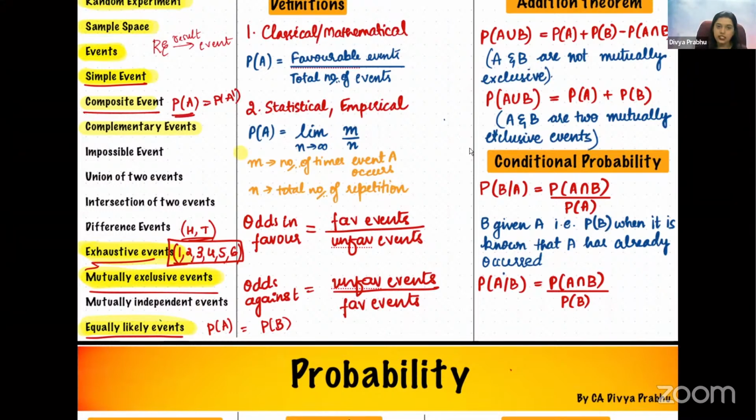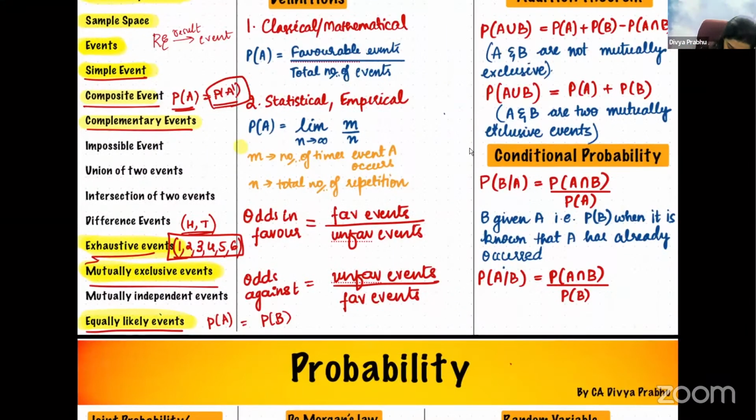Probability of A means I am finding the probability of occurrence of A. Probability of A dash means I am finding the probability of non-occurrence of A, which is the complementary event. Got it? So in this case, P of A dash is the complementary event. Then union of two events, intersection of two events, difference events, all this we will discuss as and when we proceed.